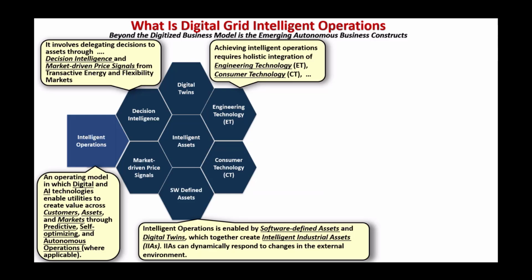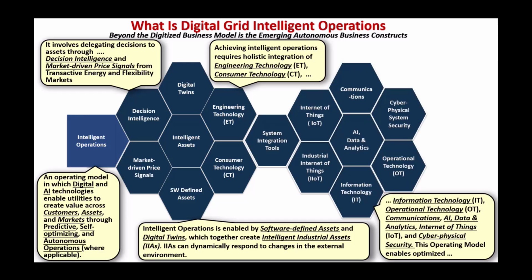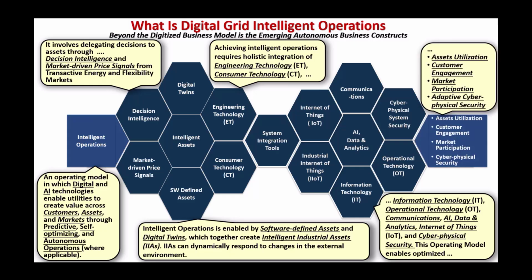And achieving intelligent operations requires holistic integration of engineering technology, consumer technology, information technology, operational technology, telecommunications, artificial intelligence, data and analytics, Internet of Things, and cyber physical security. And this operating model enables optimized asset utilization, customer engagement, market participation, as well as adaptive cyber physical security of the grid.